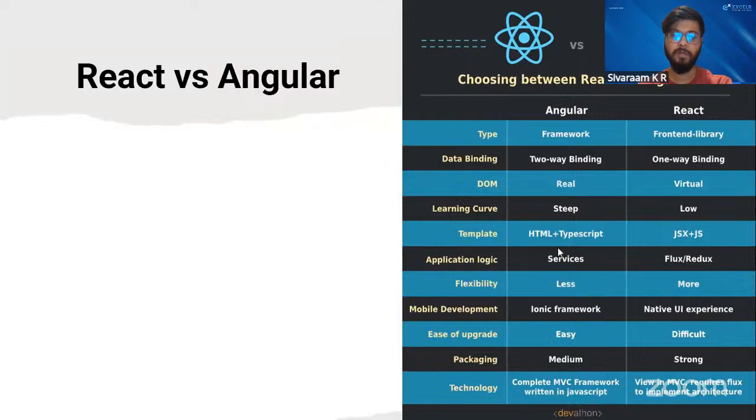So for example, if you want to create something like a route or a template, you know the steps. Whereas in React, you need to figure it out more because we'll be mostly dependent on third-party packages. And then this is easy to upgrade. So you can go through this definition. This is enough to know the difference between Angular and React.